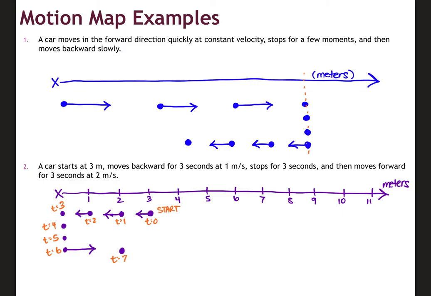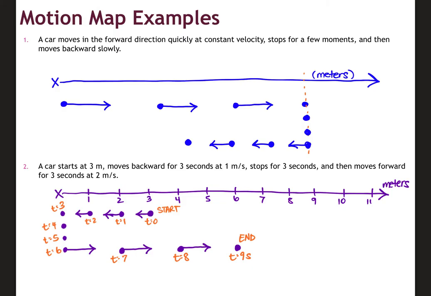Then my next second is going to be 2 meters ahead at 4. That's going to represent 8 seconds. And my final second dot is going to be at 6 meters. And that's going to be t equals 9 seconds. Make sure that we put the arrow in there. I'm going to write end.